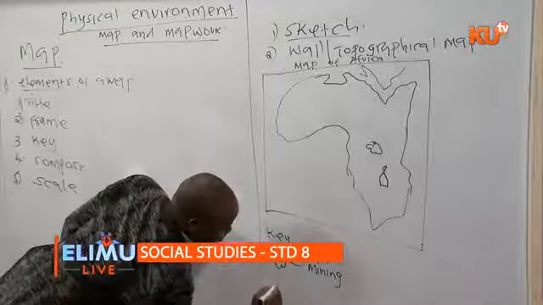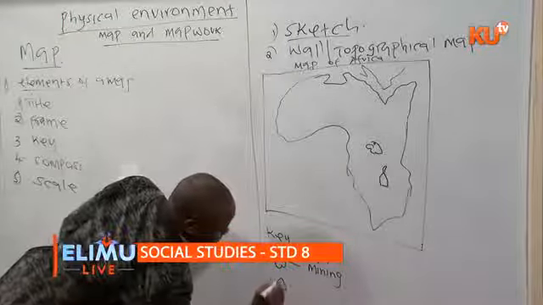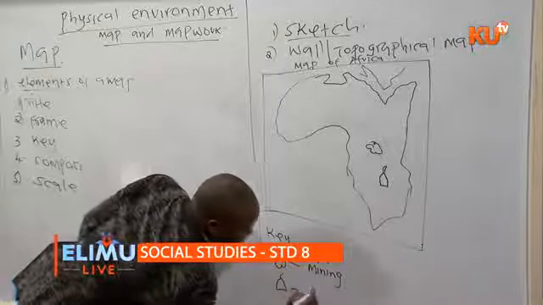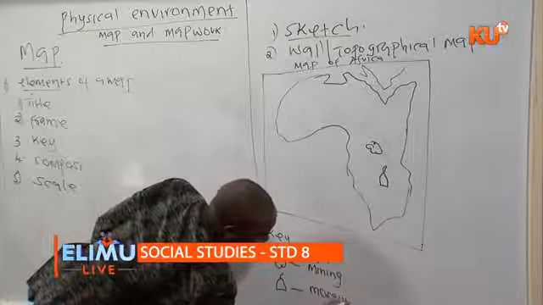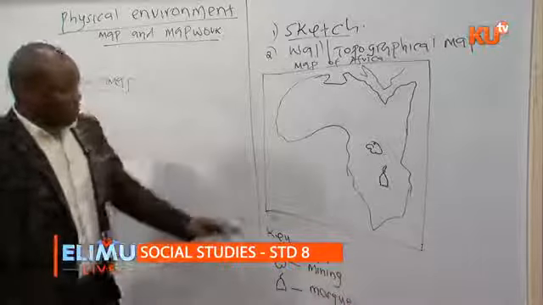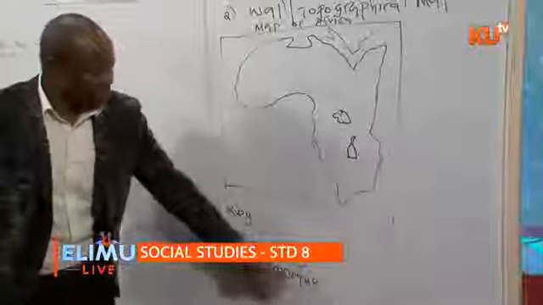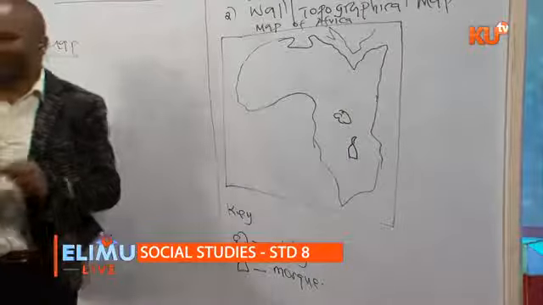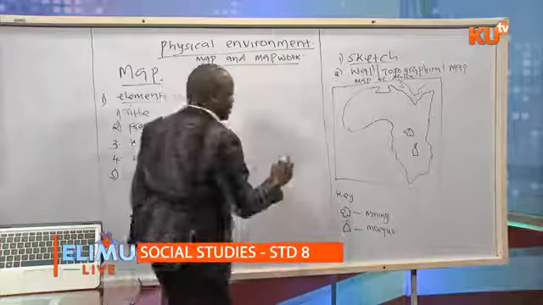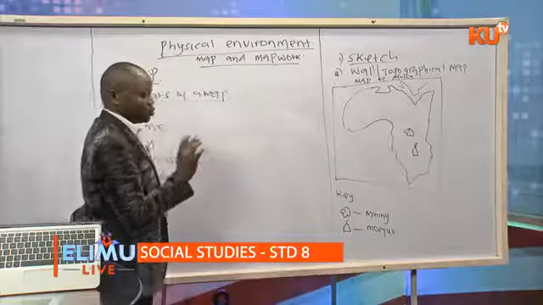That is the symbol of a mosque. Mosque, it is a place of worship. So this one shows that in this particular area there is mining, and in this particular area there is worship going on. And those people who worship in the mosque, of course, they are Muslims. So that is what you are supposed to know.